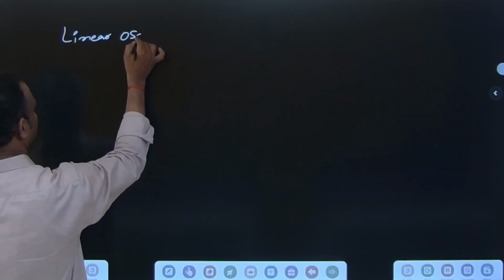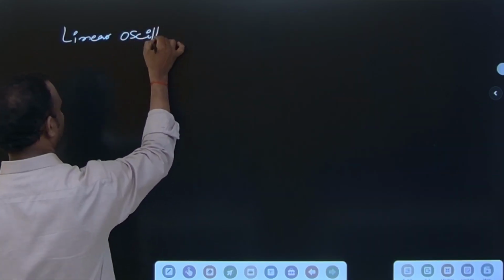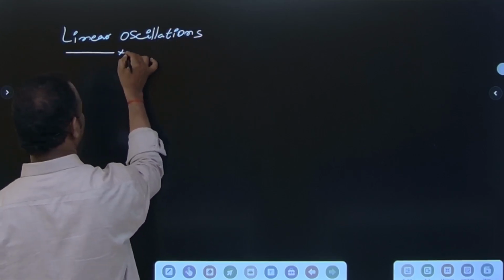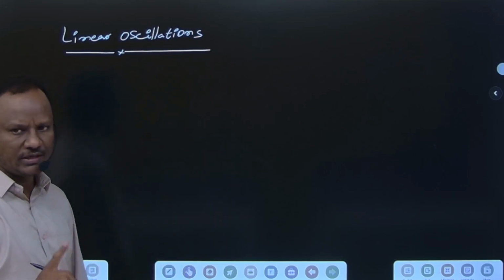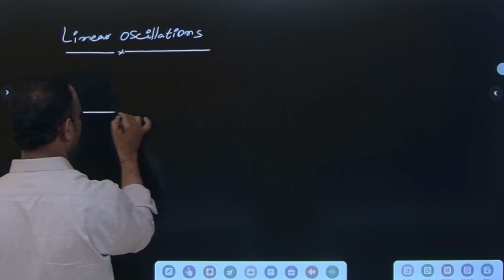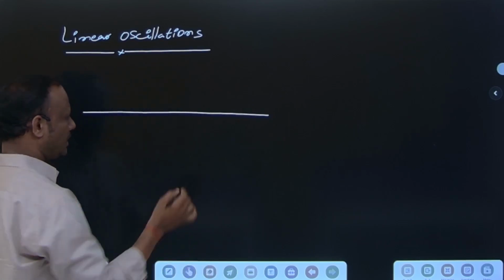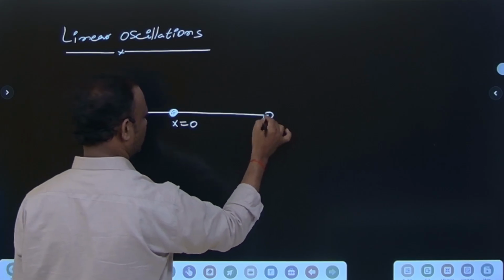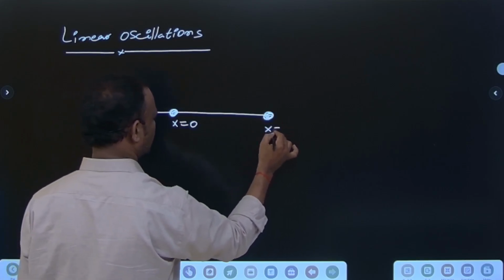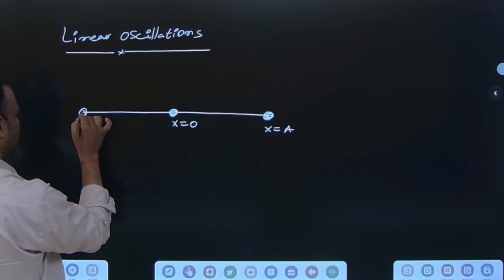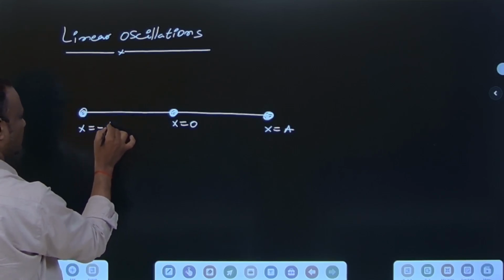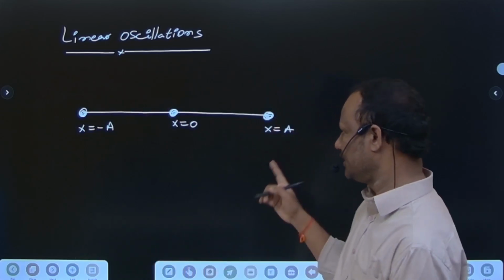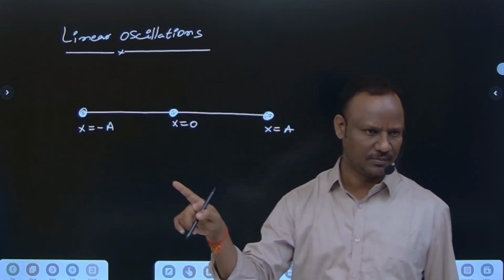Just linear oscillation. Linear means it should be a straight line path. Same as usual, the positions are x equals 0, x equals A, and x equals minus A. Amplitude is never negative, but negative indicates the left side from the mean position.